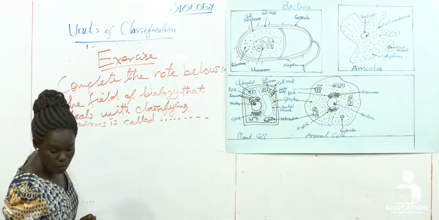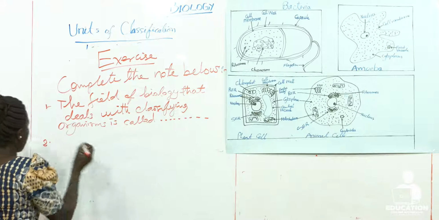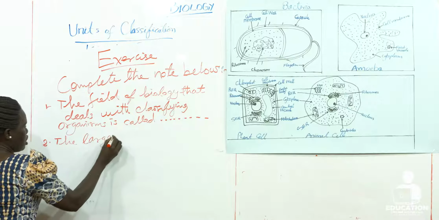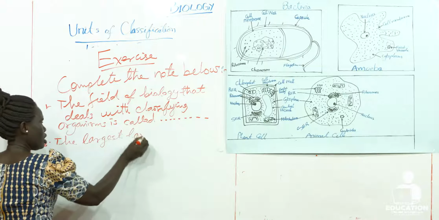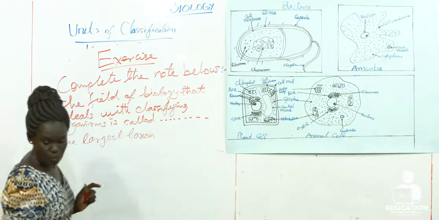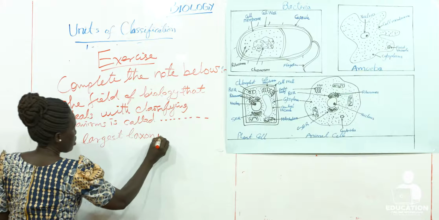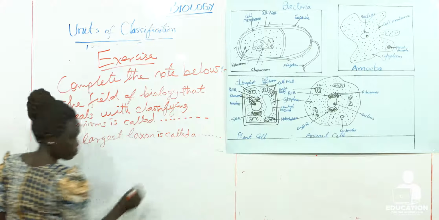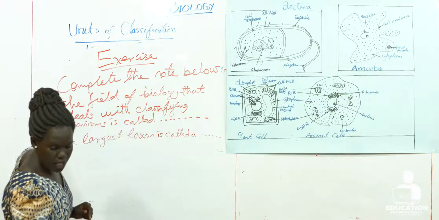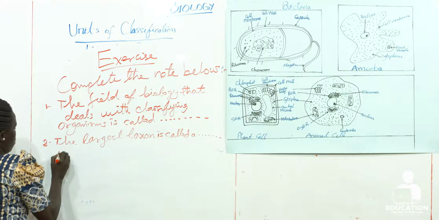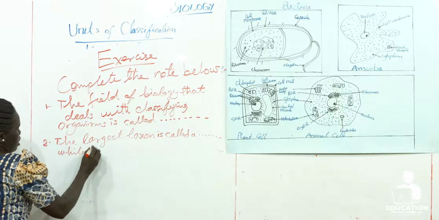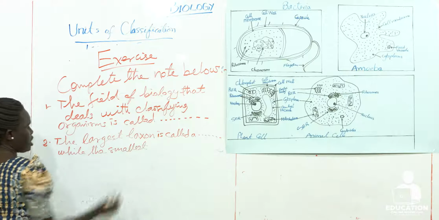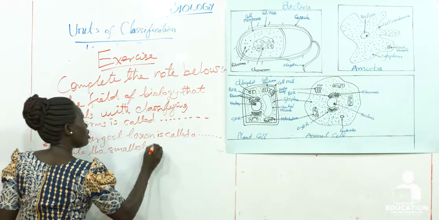Number 2, the largest taxon is called the largest, while the smallest one is called.